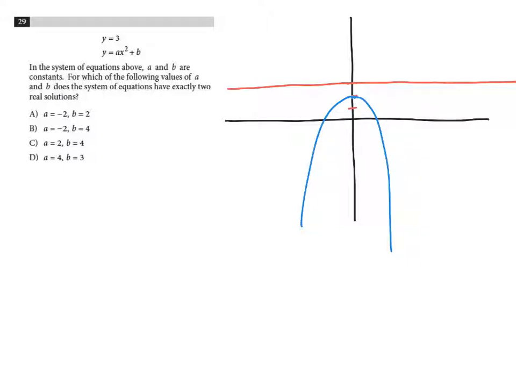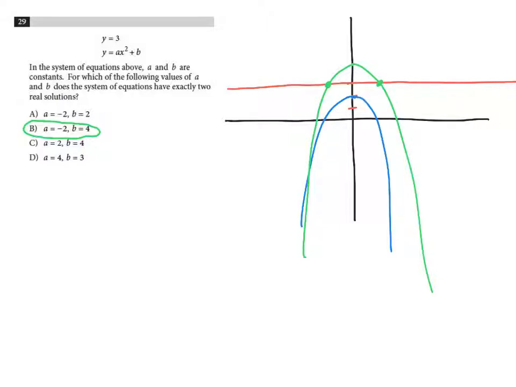Alright, well, for the next, we have b is 4. That means this parabola is going to be shifted up 4, and a is negative. Well, that's going to be something like this. That has exactly 2 solutions. Alright, so I think that is going to be our solution to this. Let's keep going. Let's check out the rest.